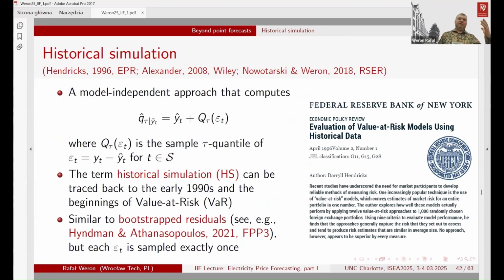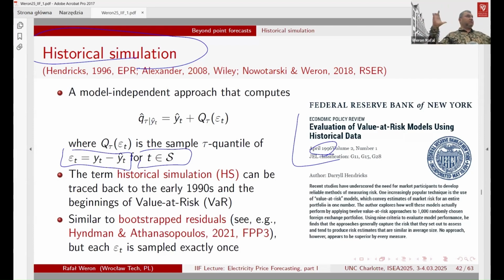Historical simulation. This is a term that is used in risk management and finance, essentially. It goes back, probably, to the first publication where it was used. Maybe it was used a bit earlier, but it's 1996. The idea is that this is model independent in the sense that we have only the prediction errors. So we have the prediction errors again on some calibration set where we already have the point forecasting model working.